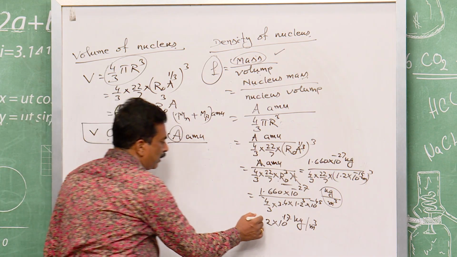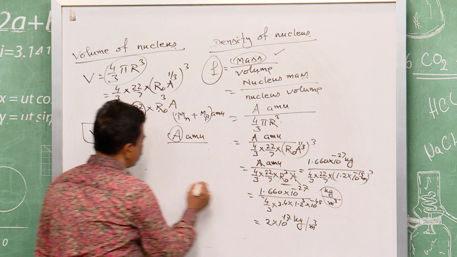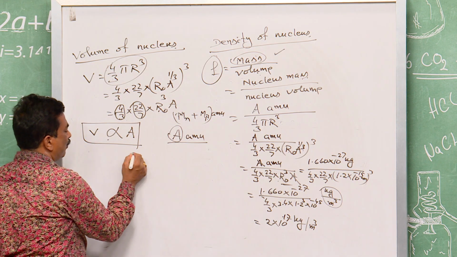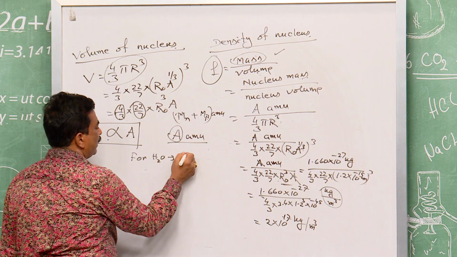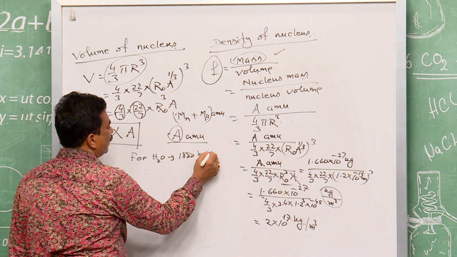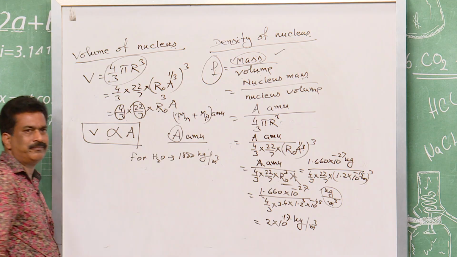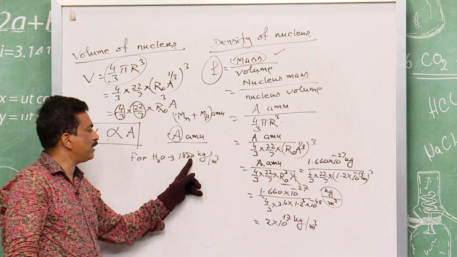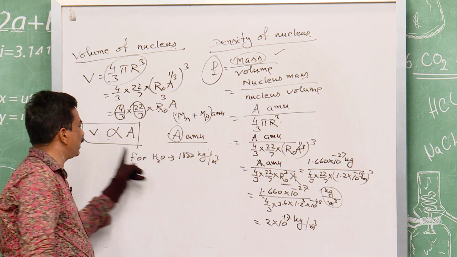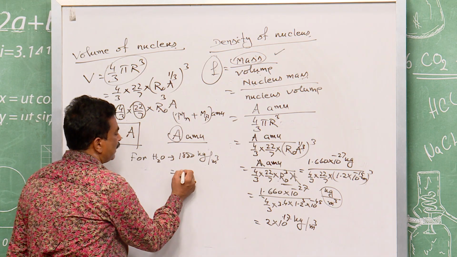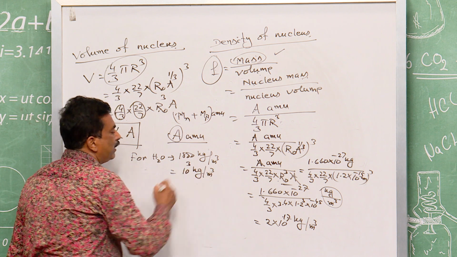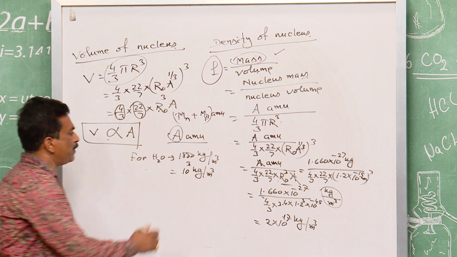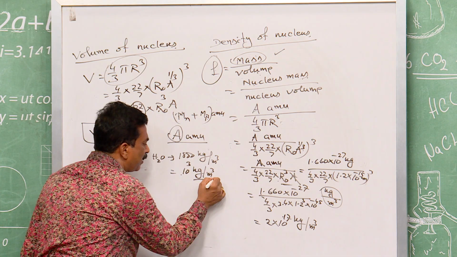So 2 into 10 to the power of 17. Just observe for water, the density is 1000 kg per meter cube. For water, that is 1000 kg per meter cube, which is 10 to the power of 3 kg per meter cube.